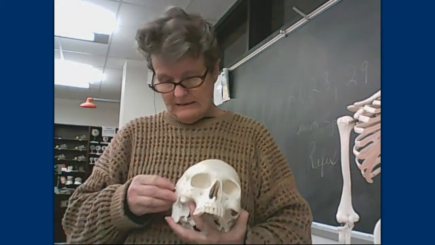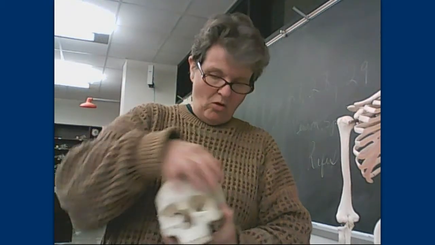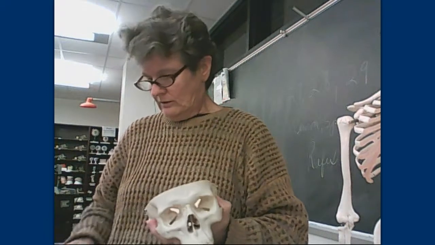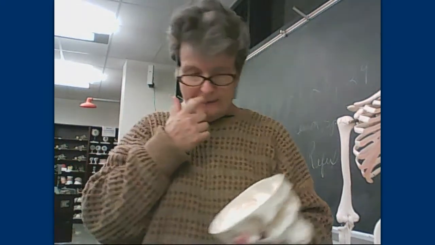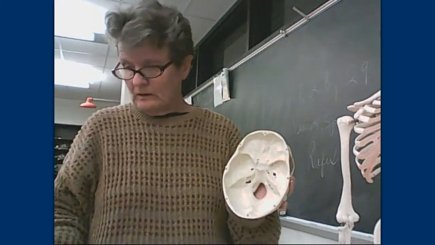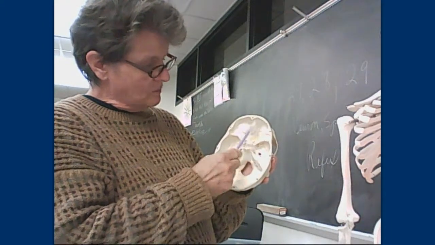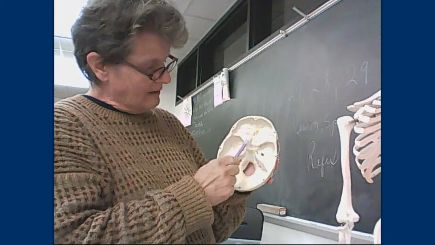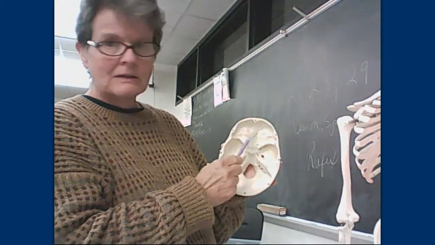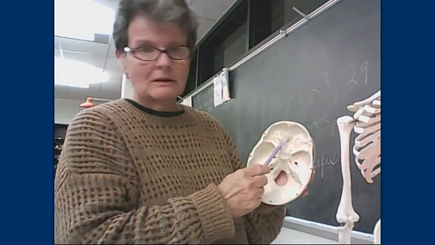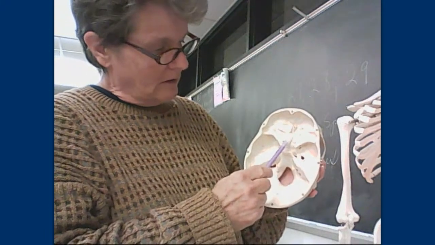Okay, let's take the cranial cap off and look at the inside features of the floor of the cranial cavity. The ethmoid bone would be here. This would be frontal. But right here in the center area would be the ethmoid bone. Get a little closer.